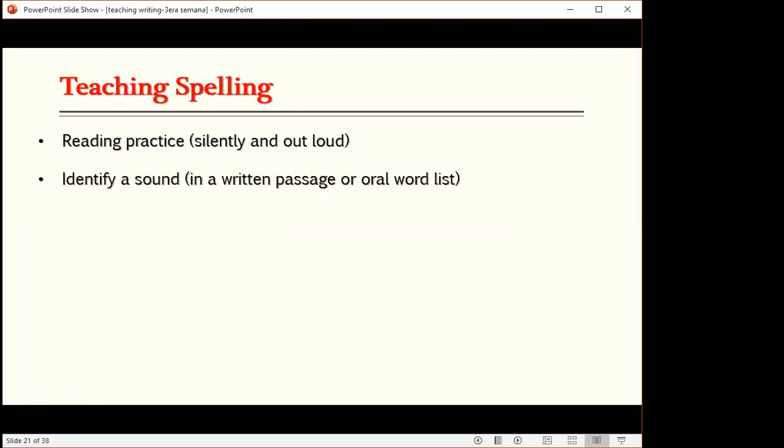Notice here, you write with EA, but you pronounce the sound E, like in bread. So they are not just identifying the sound, they are also recognizing the letters that we use in order to pronounce that sound.